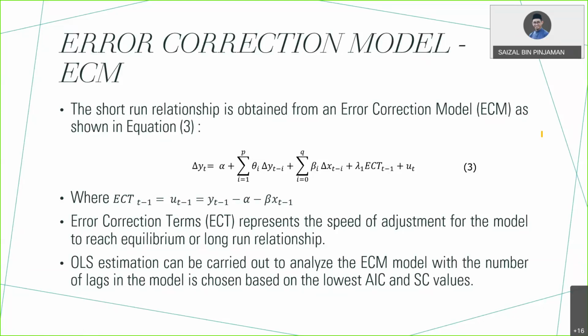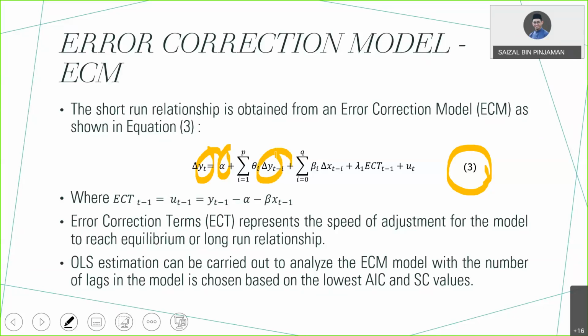Here, the error correction model can be represented based on equation 3, where, as you can see, the dependent variable is a function of a constant term, the difference of the dependent variable in lag values, the difference of the independent variable in present as well as in the lag values, as well as the error correction term in lag value.